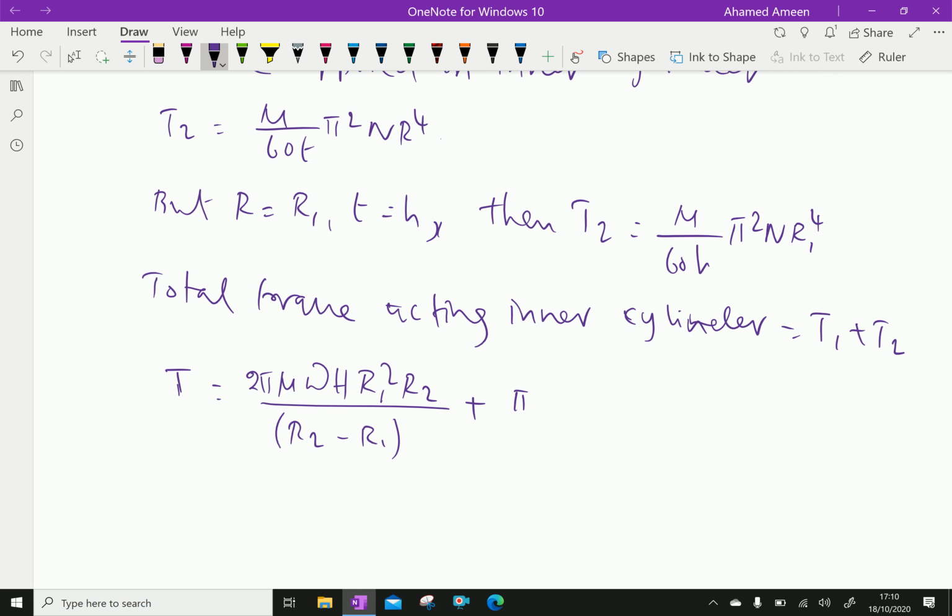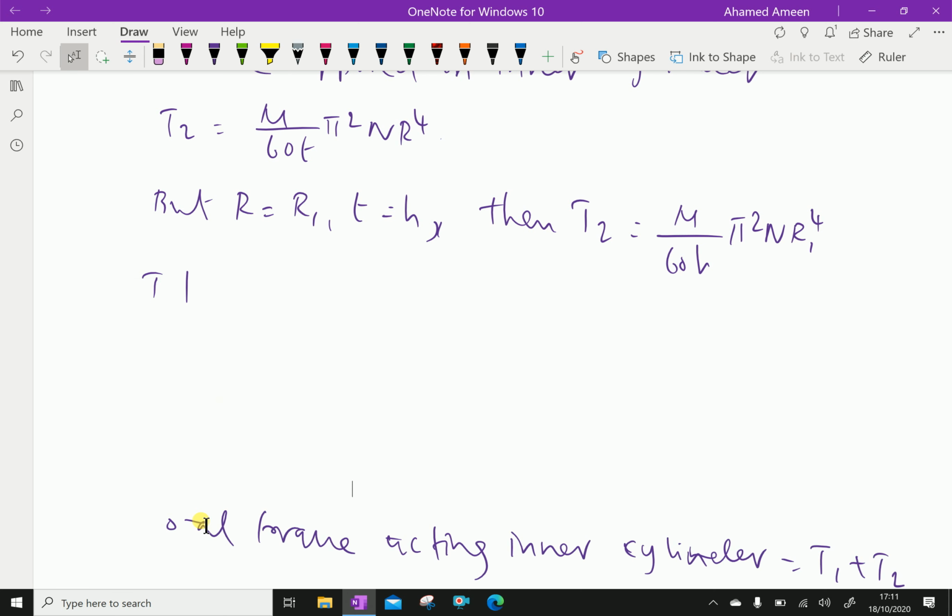Then we know that omega equals 2 pi n over 60, or n equals 60 omega over 2 pi.